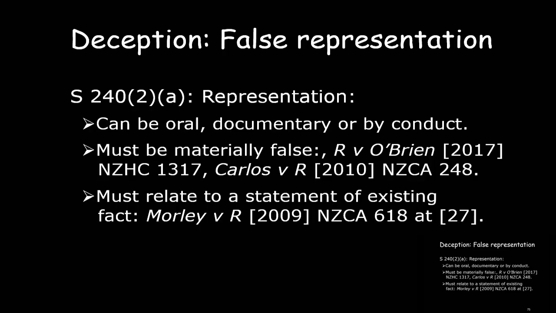When entering a restaurant, you are giving an implied representation that you have the ability to pay for the food you order. Same thing when you go and register at a hotel as a guest.